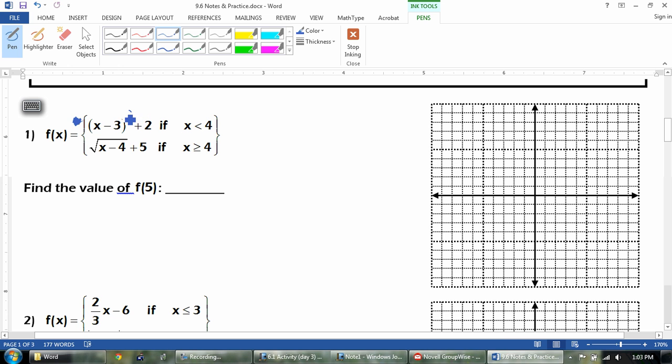So what I noticed right away is that it's a quadratic, okay? So if you want to write down, it's a quadratic. Is there a reflection? No, so I'm going to draw just a little graph that it's going to be going up. And then I need to know what my vertex is, and that's at the point (3, 2).